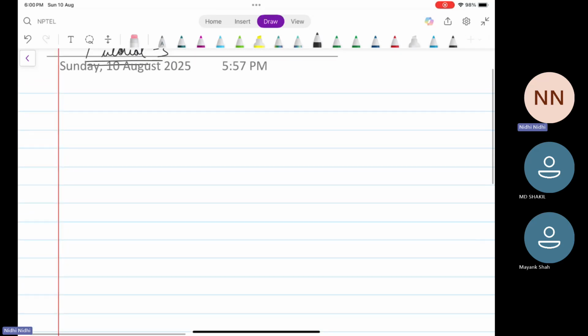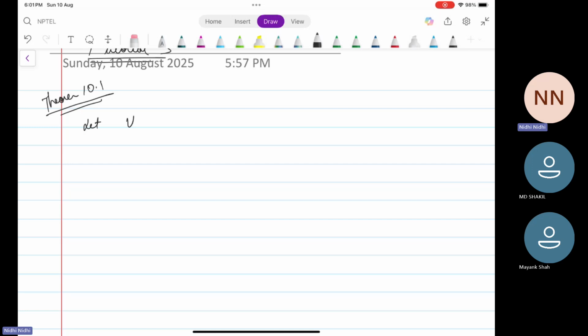So we had Theorem 10.1. Let V be an inner product space. I hope you all remember the properties of inner product space. Define a norm on the inner product space in this way: norm of v is the square root of the inner product of v, v.